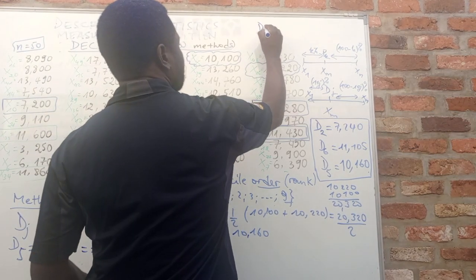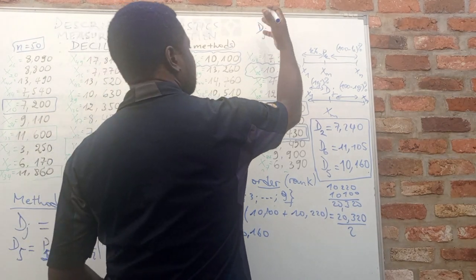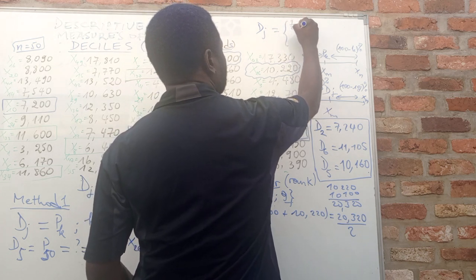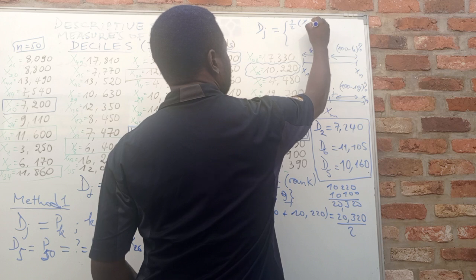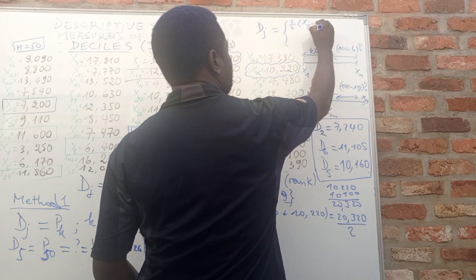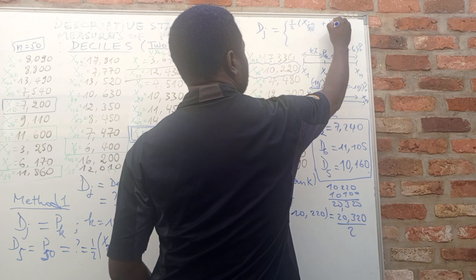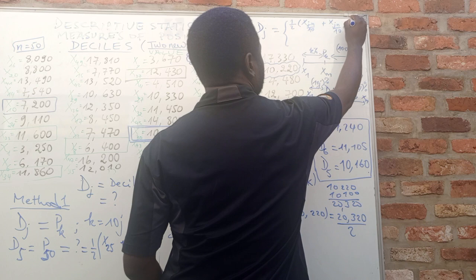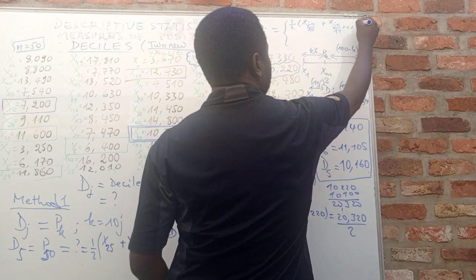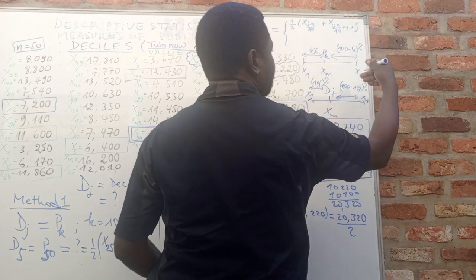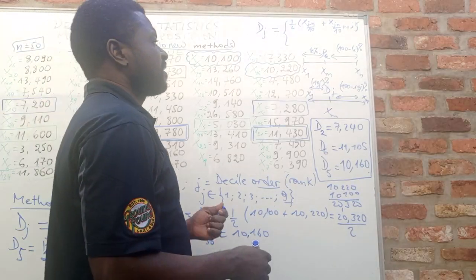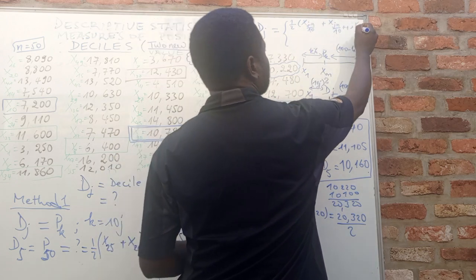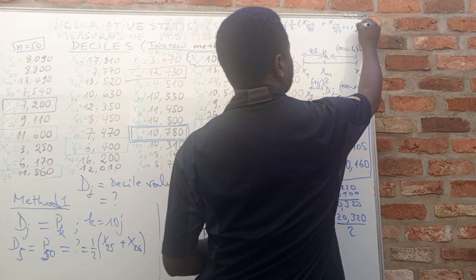So decile of order j, the value is equal to, then we have two cases: 1 over 2 times x sub jn divided by 10 plus x sub jn over 10 plus 1, in case rj, the remainder of the division of jn over 10, is equal to 0.